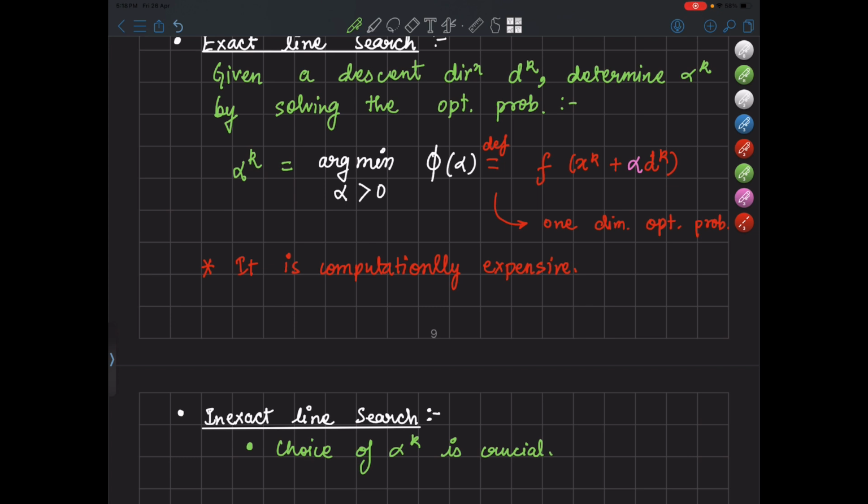We'll look at some examples that if we choose a wrong alpha k, even though the value of f is decreasing, it never converges, or it doesn't converge to the local minimum. Then we'll see certain rules by which you can choose alpha k appropriately in inexact line search.